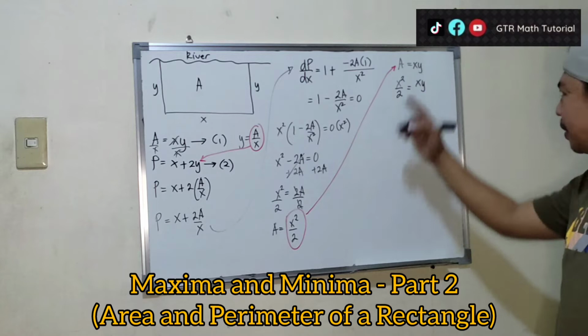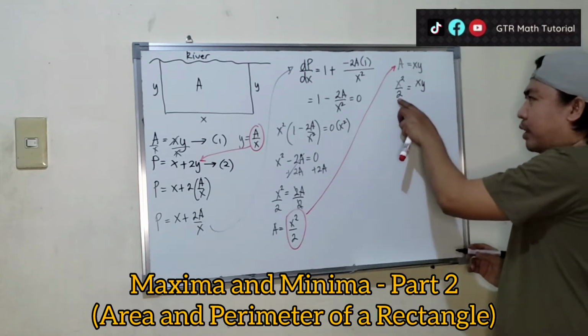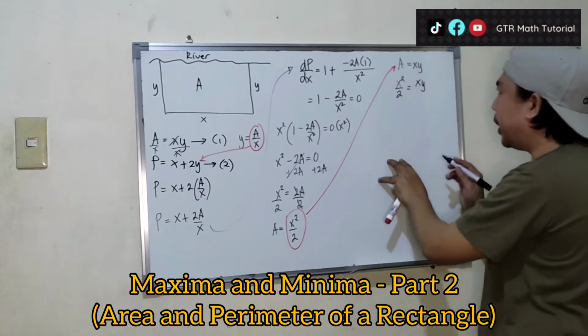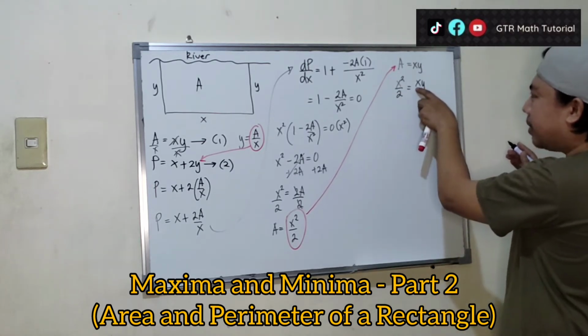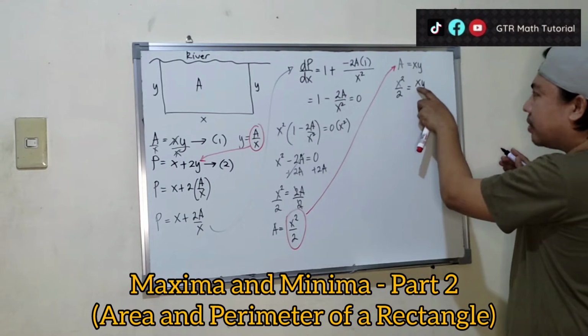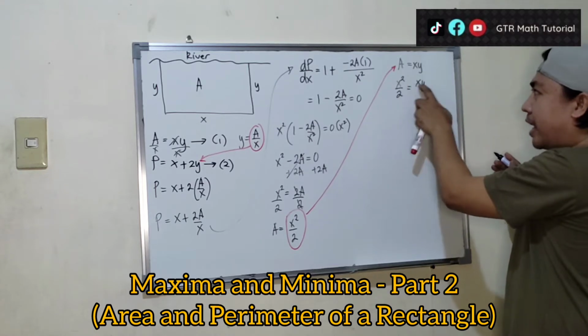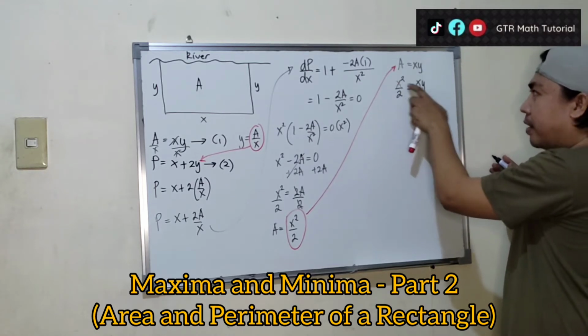Okay, so let us simplify. So multiply both sides by 2. Or we can simply remove x here. So we can divide both sides of the equation by x since they both have x. Okay?